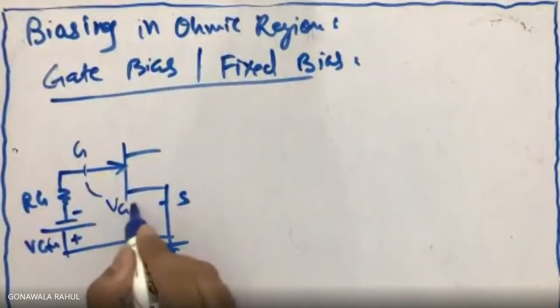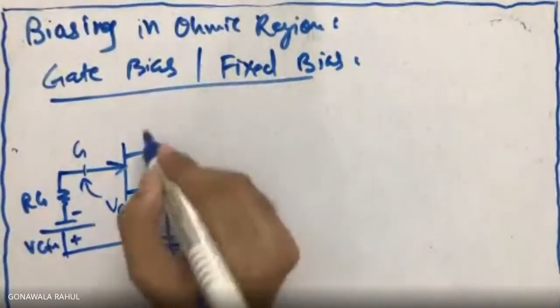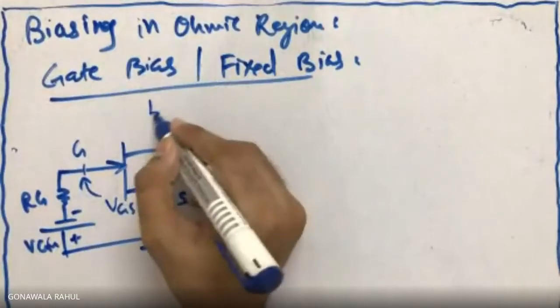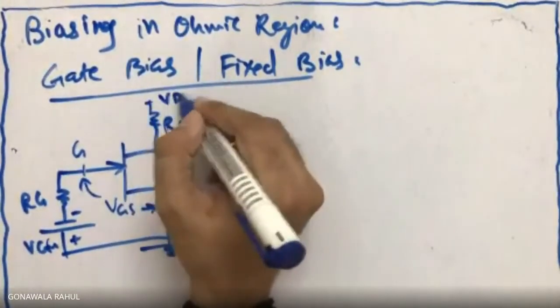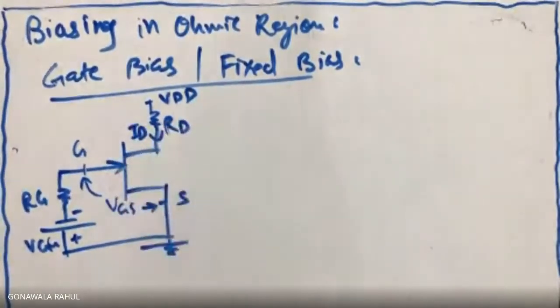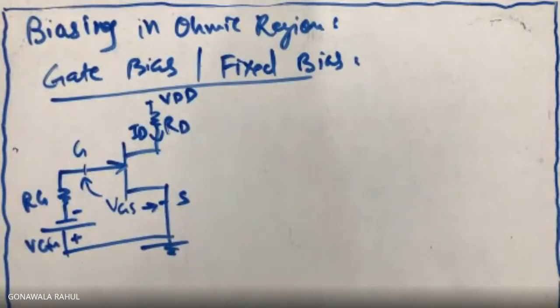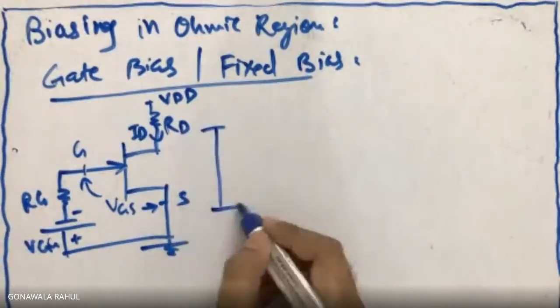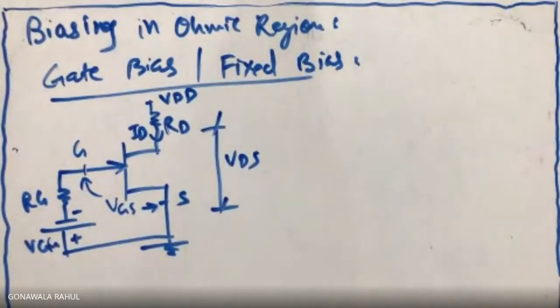Between these two we have VGS, gate to source. Then we have here, let's say RD, and battery VDD. Let's say the current flowing through this is ID, the drain current. And let's say this is my VDS, where I will get output. So this is the N channel JFET.